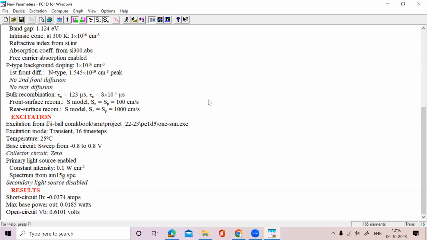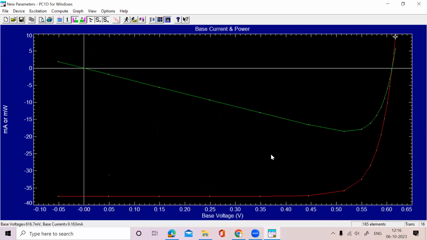What is the actual thing? Okay, description of the graph. See this graph: for a solar cell, the direction of the current is opposite to that of a diode. So in the 4th quadrant, I can find this current. My current is more than 35, it will be 37 or something like that.